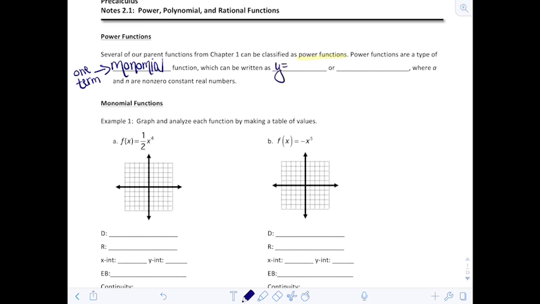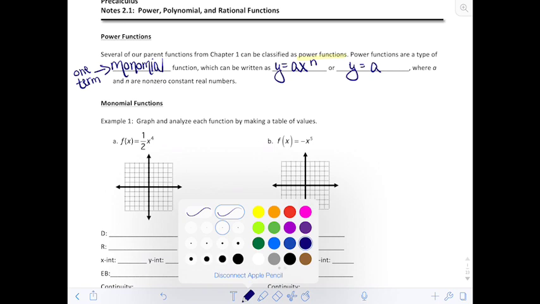The ones we're going to look at will be represented more like this: y equals a times x to the n power. Or a more simple monomial function would just be y equals a, where a and n are non-zero constant real numbers.